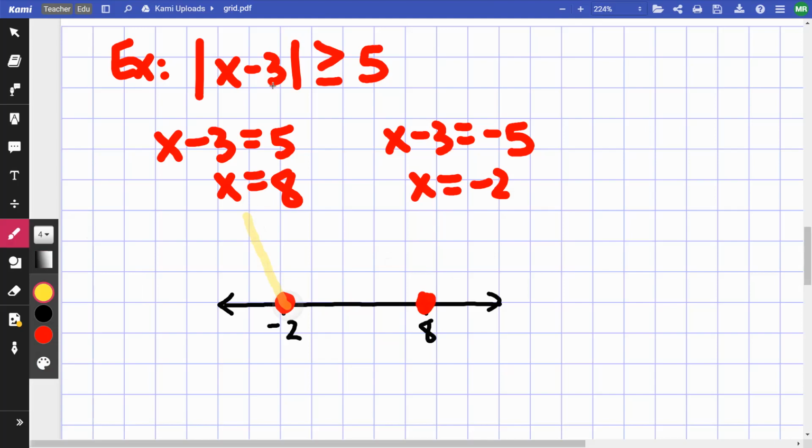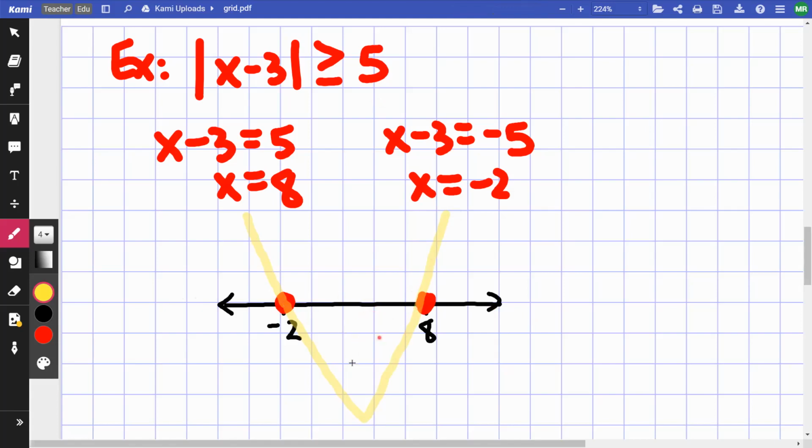Once I hit that line, -2 made it 5. Anything below this is going to be less than 5. So all of these values here between -2 and 8 make this less than 5. And now I'm at greater than 5. So I wanted it greater. So I'm not going to shade in between -2 and 8 if I'm thinking of this as a height of 5, because this makes it 5, this makes it 5.